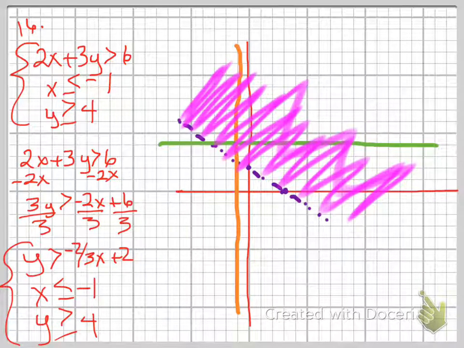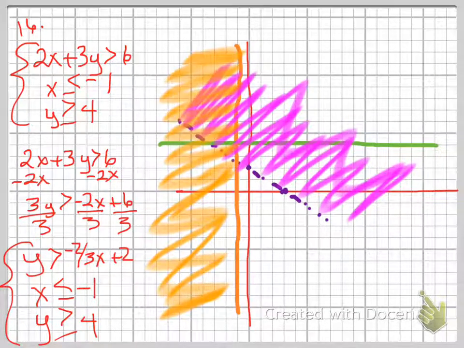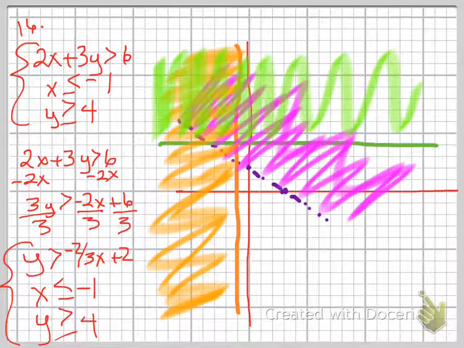X is less than or equal to negative 1, so I will highlight to the left of that line. And then I have y is greater than or equal to 4, so I will shade above the line there.